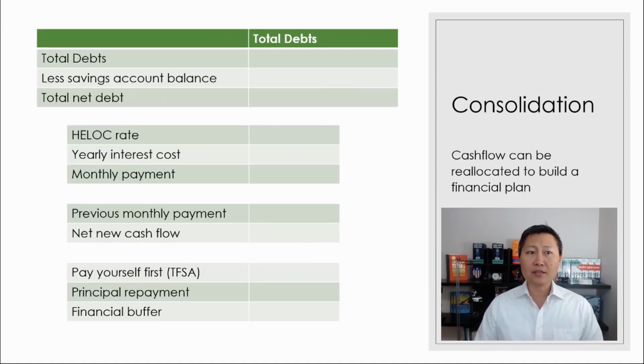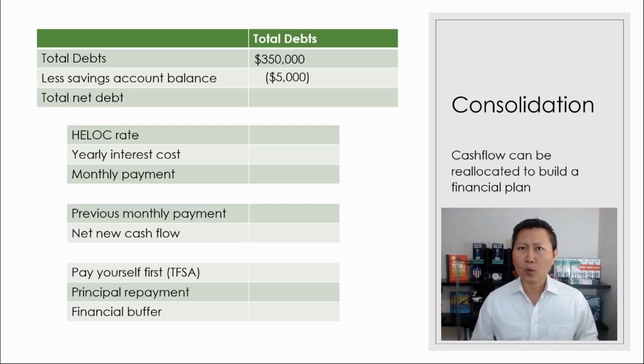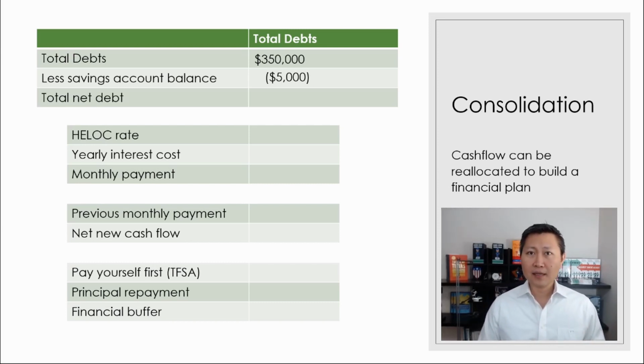So next, it was $350,000 from the previous screen, and now we're going to take off the savings account balance, right? So if you have all that debt, why on earth are you saving money in a savings account earning pretty much 0%, right? It makes no sense at all.